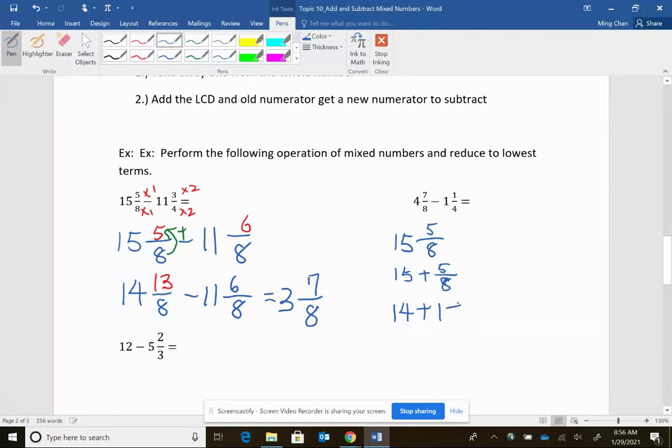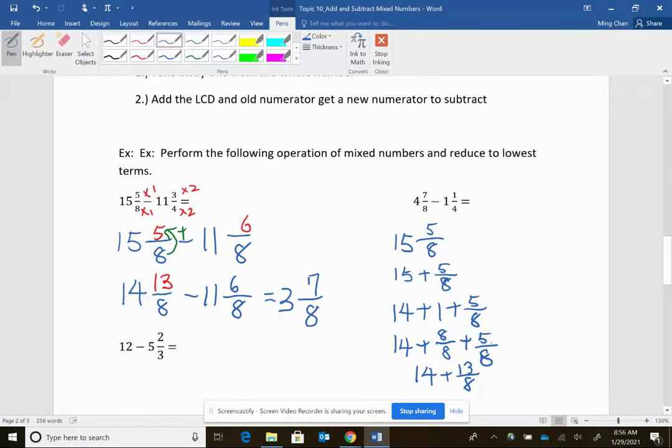Okay, still add on to my fraction portion. Remember, a mixed number is always a whole number plus a fraction, right? That's why I wrote 15 plus 5 over 8. So the whole right here, since my LCD is 8, that 1 is the same thing as 8 over 8. So now if I add up the 8 and the 5 on the top, I end up with 14 and 13 over 8, which is the same thing as what I wrote.